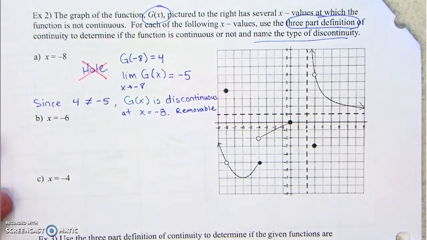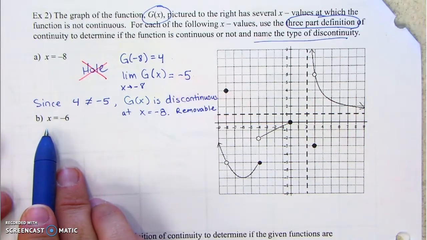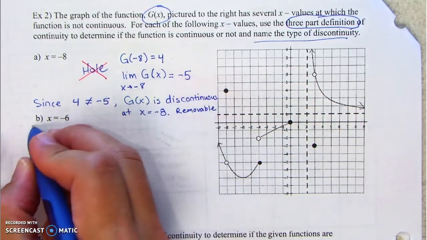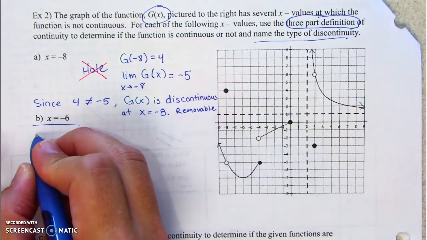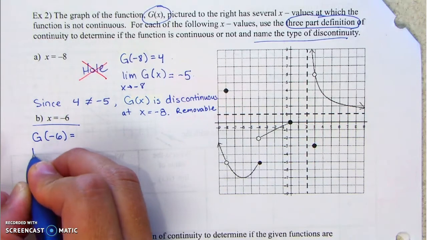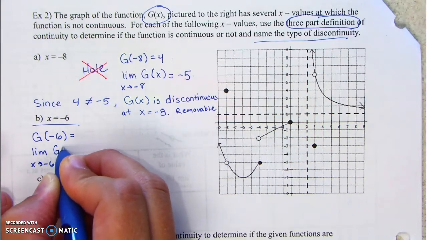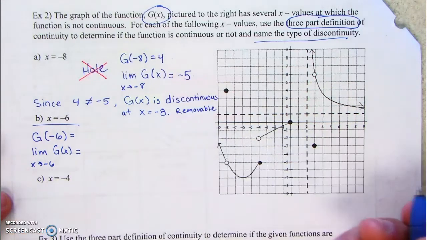All right, let's do another one. I'll try and do my room, show my work a little bit better. X equals -6. So ready? Here's what we're going to do first. What is g of -6? And what's the limit as x approaches -6 of the g of x function?